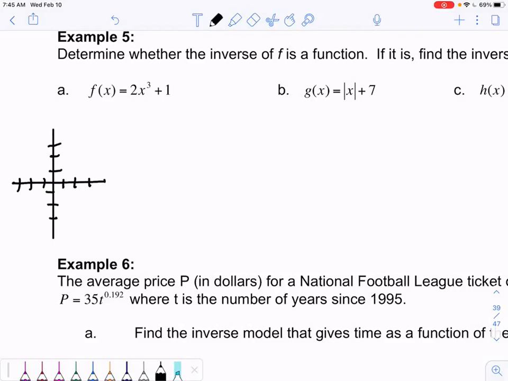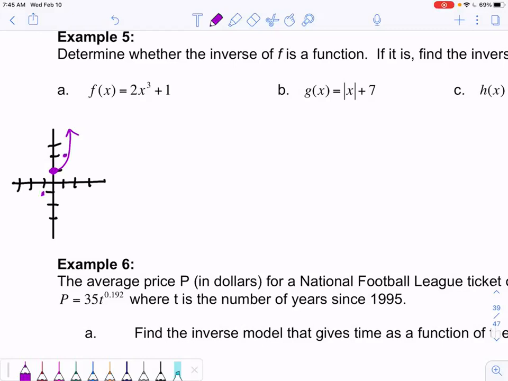So right now we're determining whether the inverse of f is a function. And to do that, you actually use the given function and the horizontal line test of the given function. So we're looking at 2x cubed plus 1. Make yourself a little sketch. And I'm just really making a little sketch here.